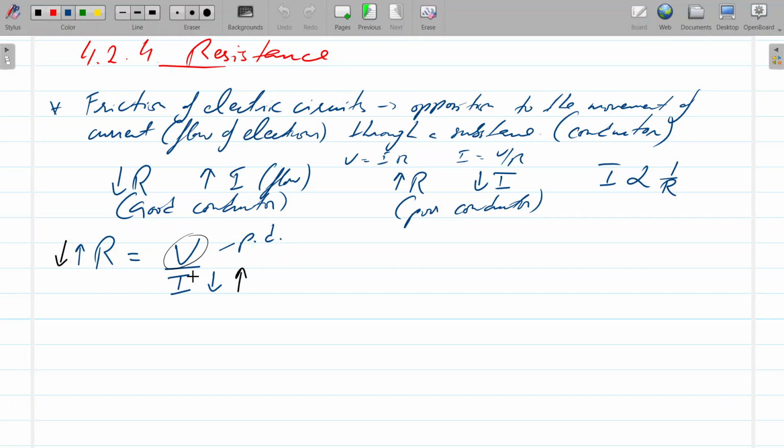So it depends on the current being supplied. Now, what resistance does, if there's high resistance, for example, it's going to produce heat, among other things. And this is actually put to use. For example, I don't know if you've ever seen those filament bulbs, those old glass bulbs that had a wire going through them.